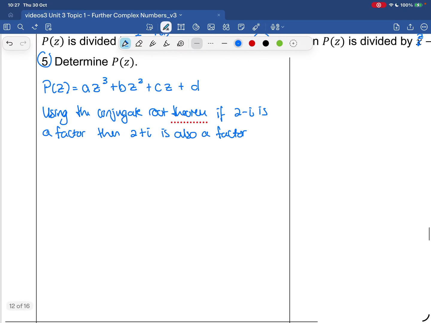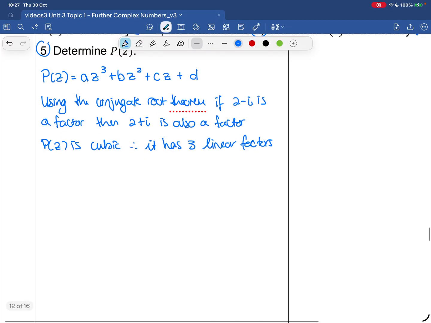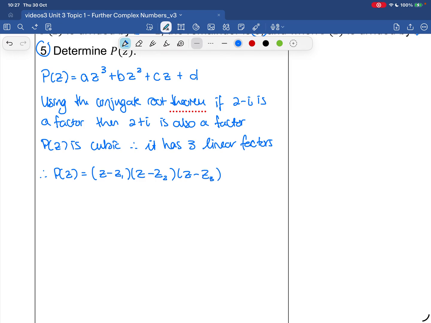Now P of Z is cubic, therefore it has 3 linear factors. So my x minus x1 times x minus x2 times x minus x3. So I can actually write this thing as P of Z is going to be Z minus Z1, Z minus Z2, Z minus Z3.